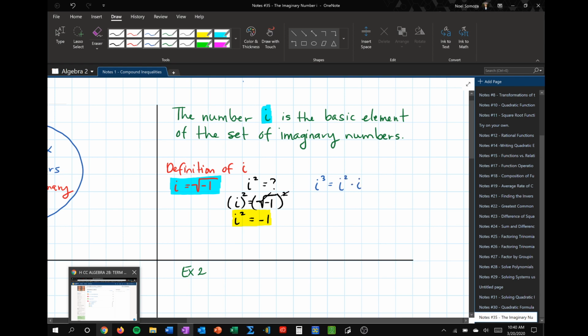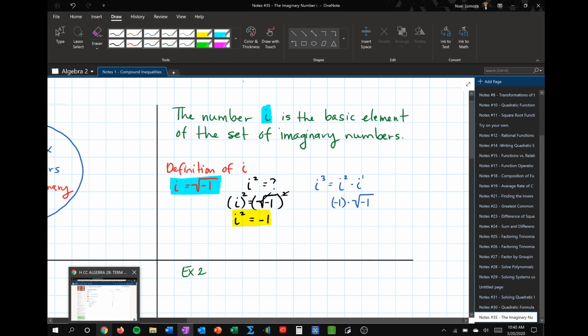Here i has an invisible power of 1, so that's just i. You already know that i squared is -1, and that i, going back to your definition, is the same thing as the square root of -1.